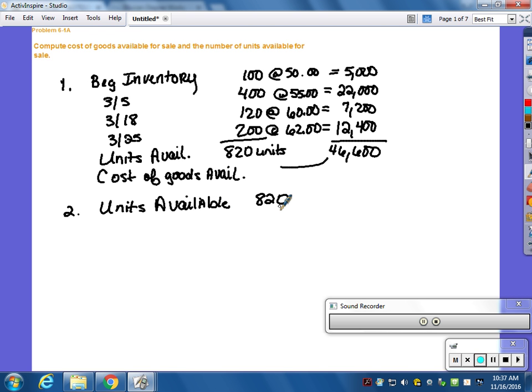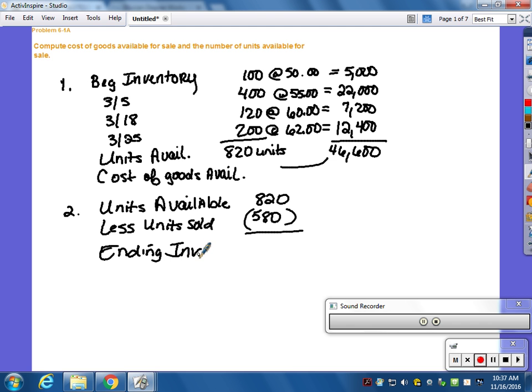And then how much did we sell, in units? 580 units. So we know we need to subtract that from our available units, which means we should have had an ending inventory of how much? 240 units. I'll give you a chance to write that down if you don't already have it, and then we'll go on to the next part.